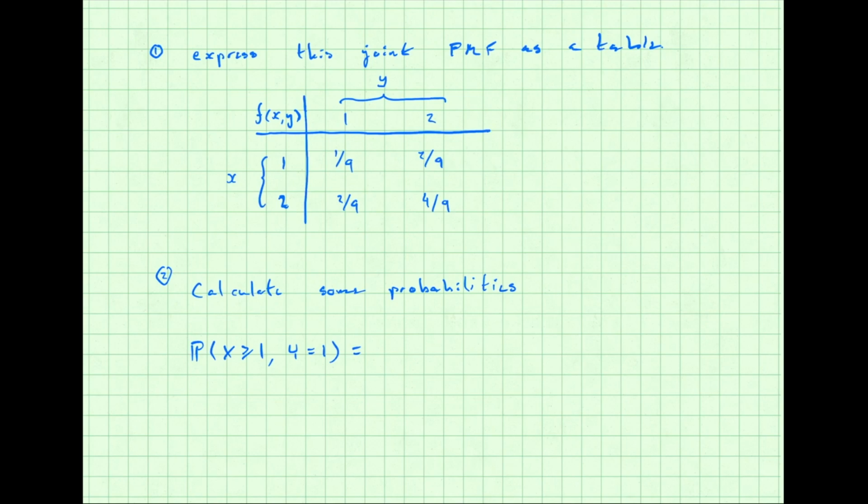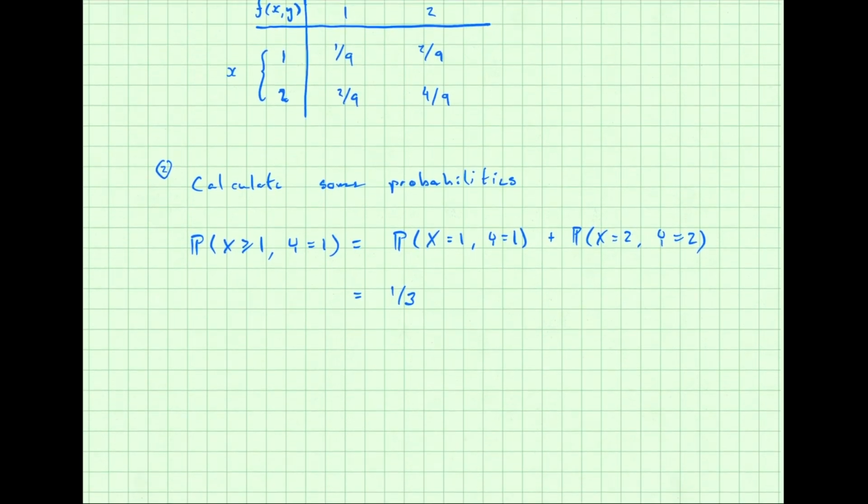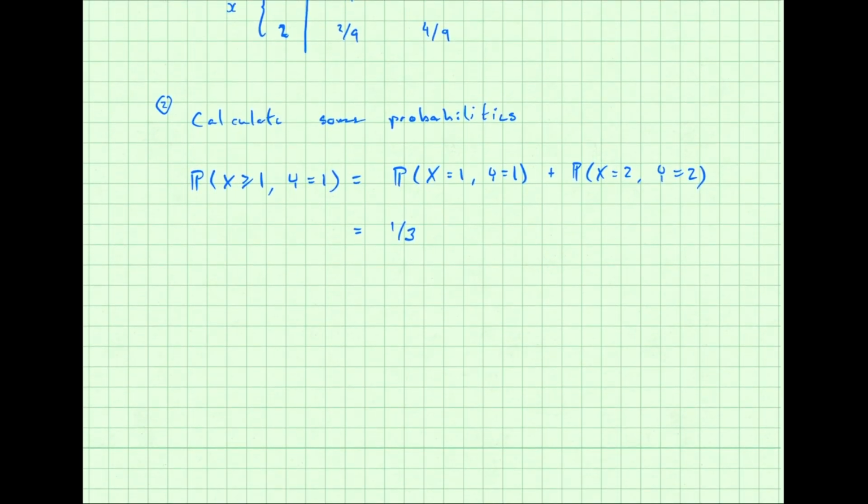We're looking at the probability that x is equal to 1 and y is equal to 1 plus the probability that x is equal to 2 and y is equal to 1. Really what we're doing is summing down the column, and so that's 3/9, which is a third.